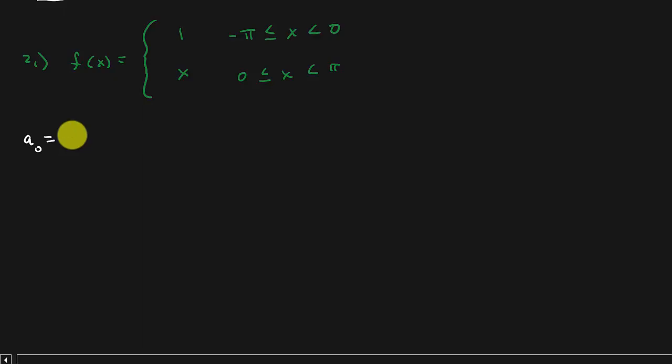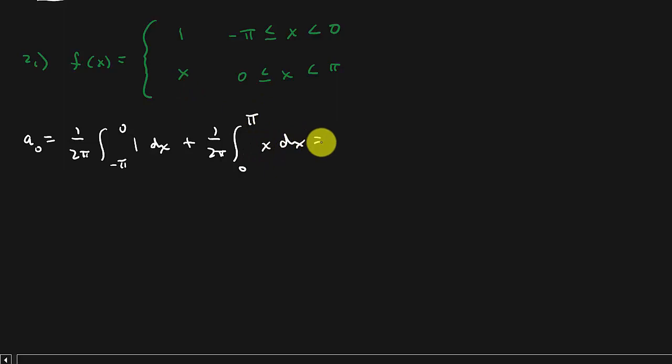All right, so I've got 1 over 2 pi, and that's going to be from negative pi to 0 of 1 dx, plus 1 over 2 pi integral from 0 to pi of f of x, so that's x dx.